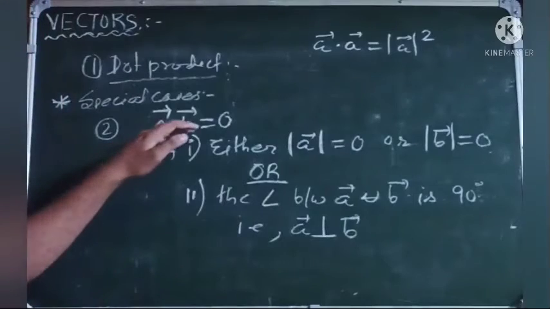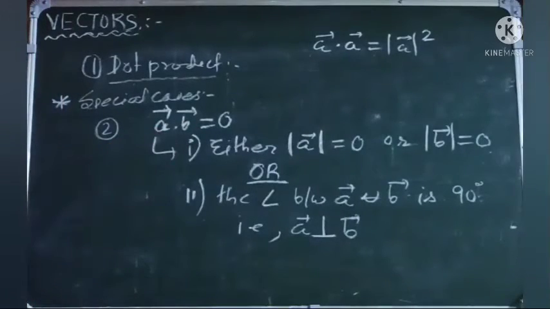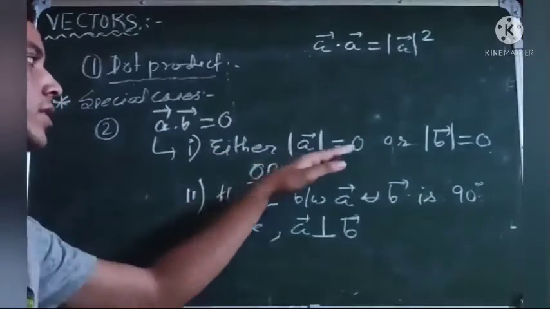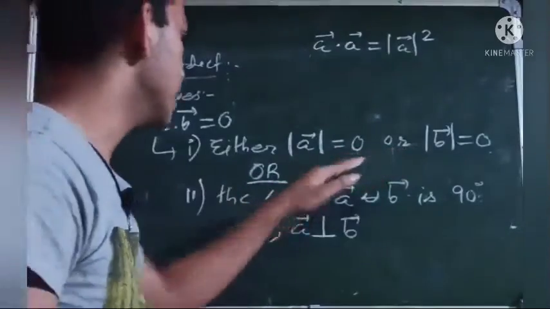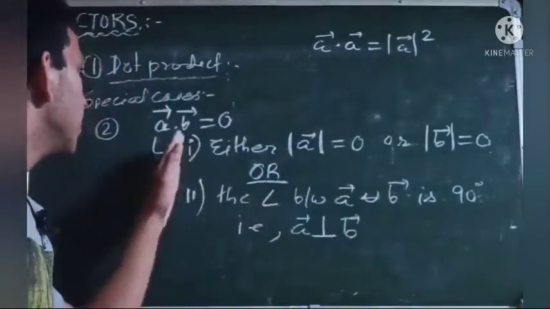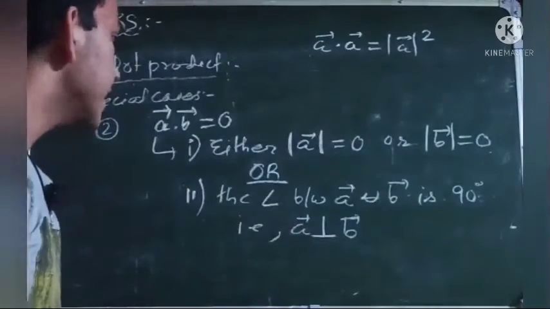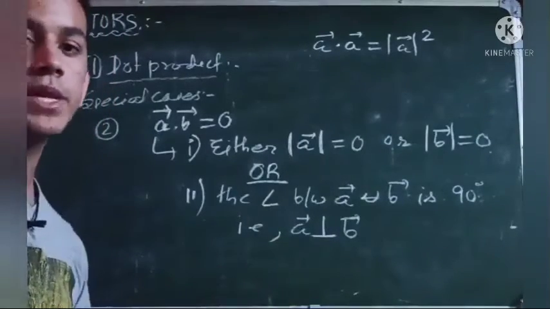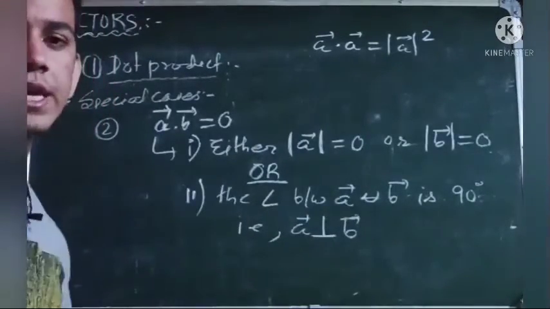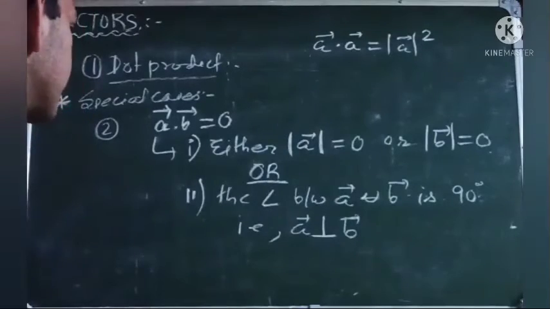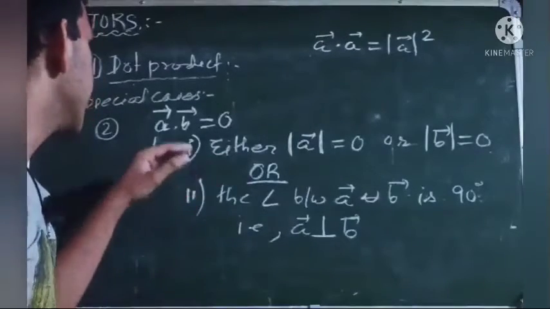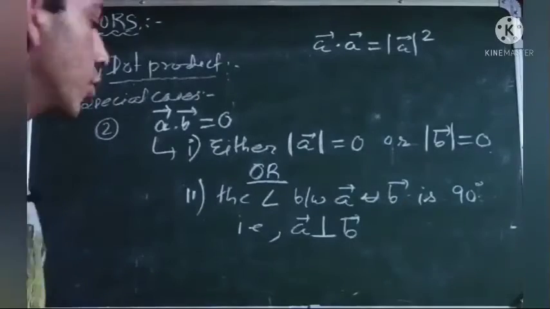Suppose we are given this expression a vector dot b vector equal to 0, then either mod of a vector equal to 0 or mod of b vector is equal to 0, or the angle between the two vectors is 90 degree. That means a vector is perpendicular to b vector, or we can say a vector and b vector are orthogonal vectors. Only in these cases the dot product will be 0.